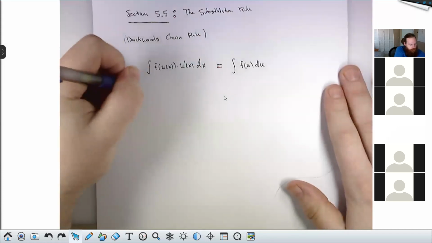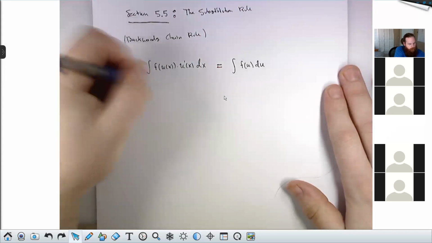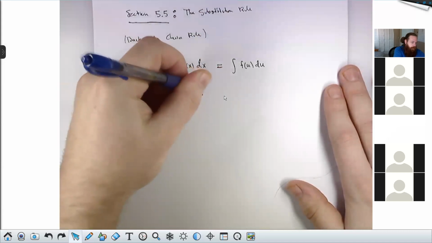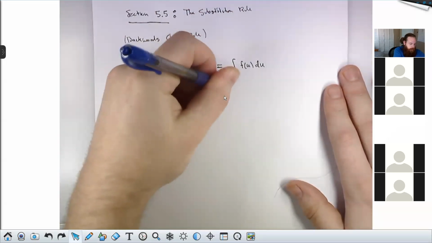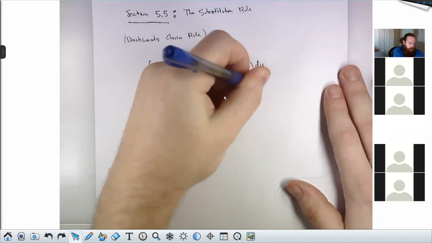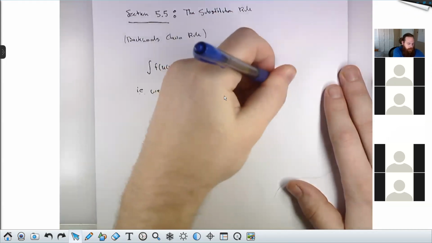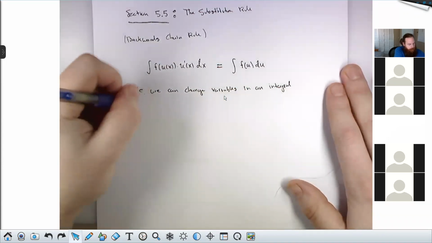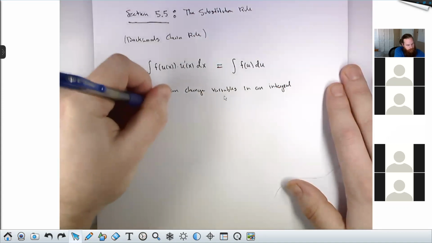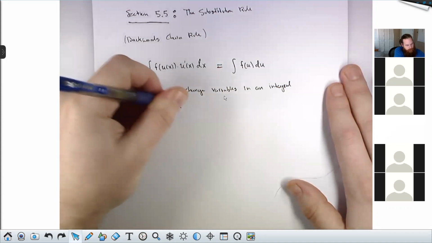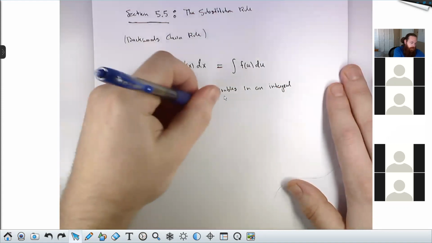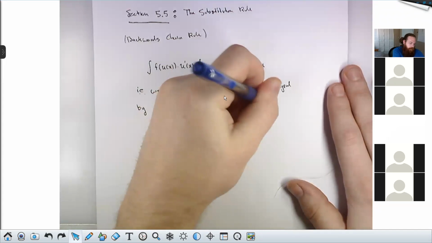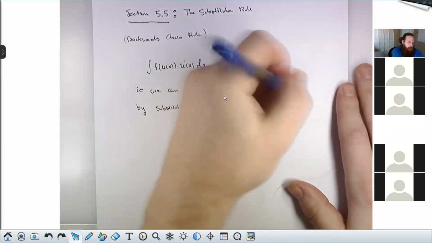In other words, we can change the variables in an integral by substituting, as long as we account for the differential.